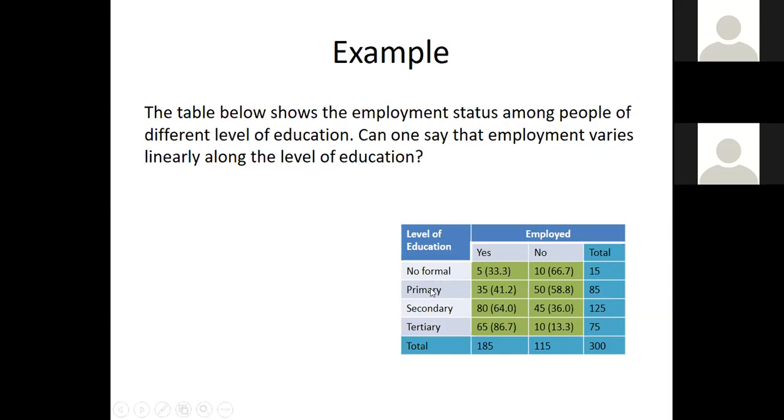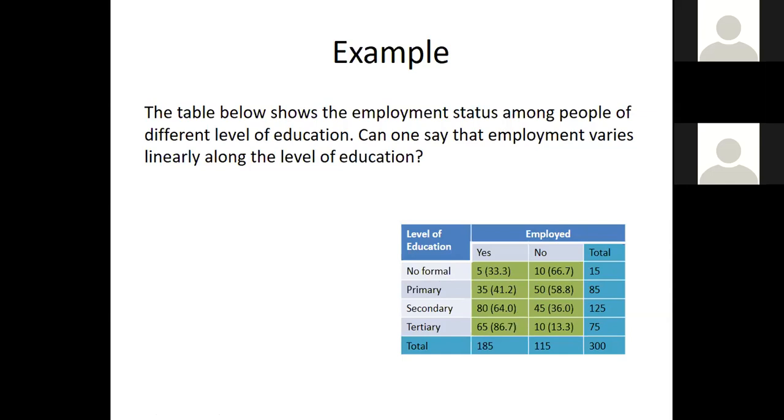Among the primary education people, there are 85 of them, 35 of whom, which is 41.2%, are employed, then 58.8% are not employed. If you add the two together, it will be 100%. Then 64% of 125 are employed. Then 65 over 75 is 86.7%.